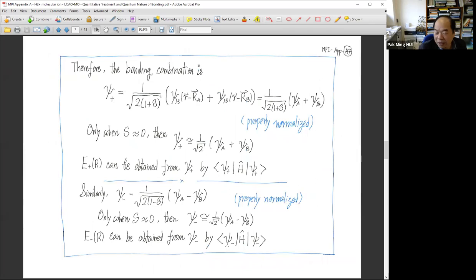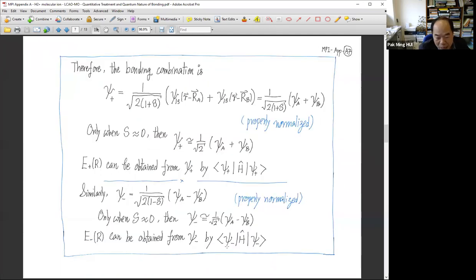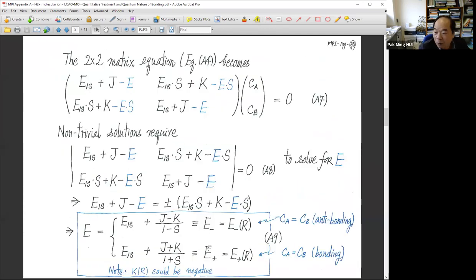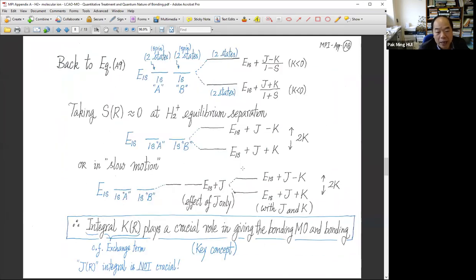But it is generally non-zero, okay? So with this, we can go back to our 2 answers and illustrate how quantum bonding is. Just take a final look at these 2 answers, okay? Now I want to use a picture to draw it out.